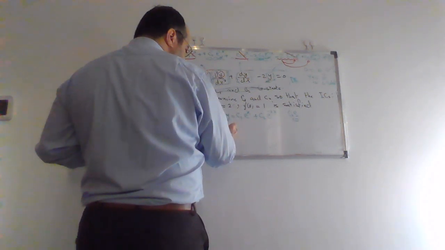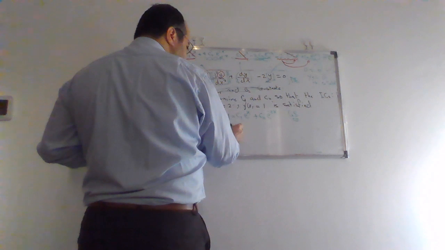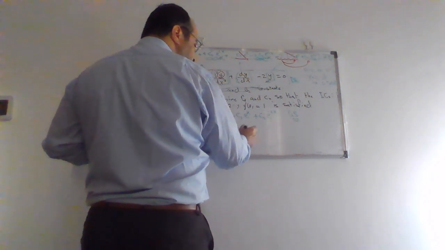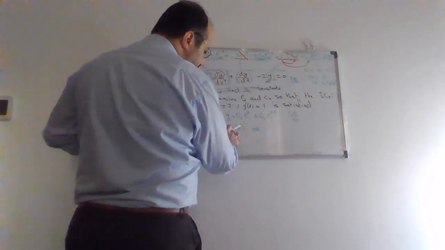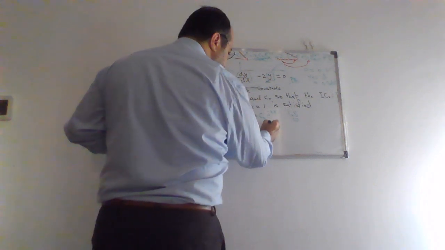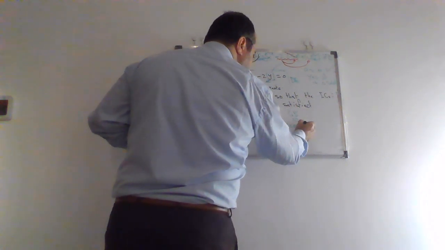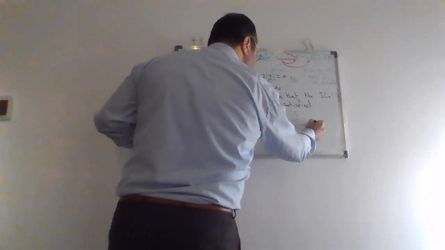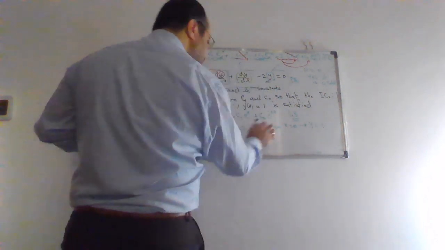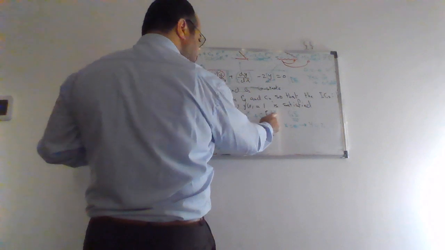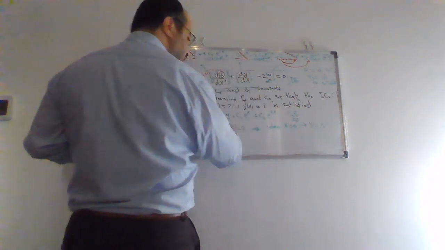Now, y of 0 equals 2, what does this mean? This means that when x is 0, y is 2. Now you plug in x equals 0 and y equals 2.